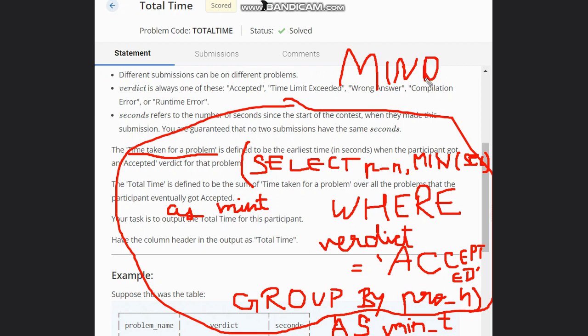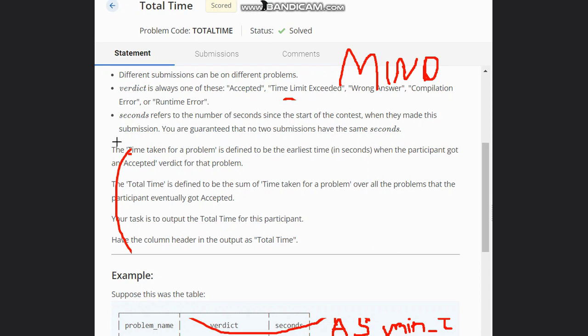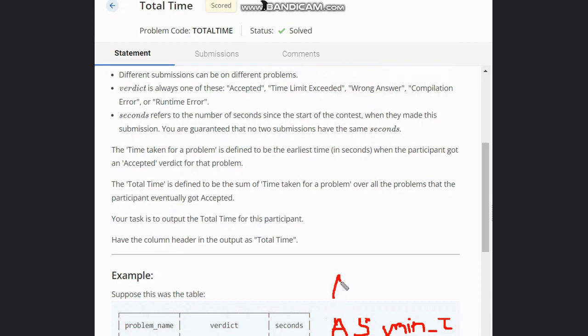Okay, so we have taken this as min 0, so I will be writing min 0 instead of this. So let's remove this. So what we got here is the minimum time. Our first task is solved, because we got the time taken for a problem when accepted is the verdict.